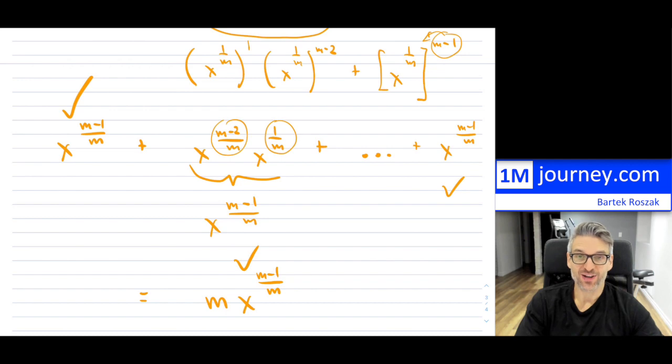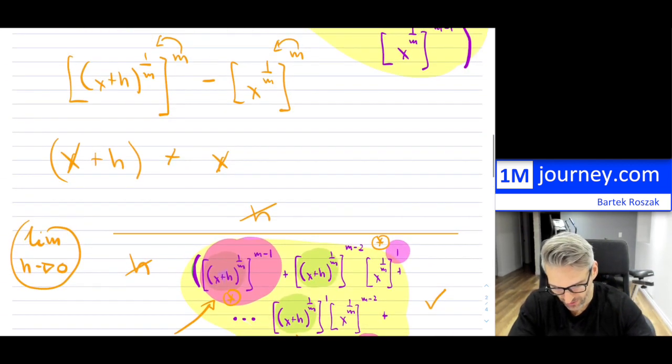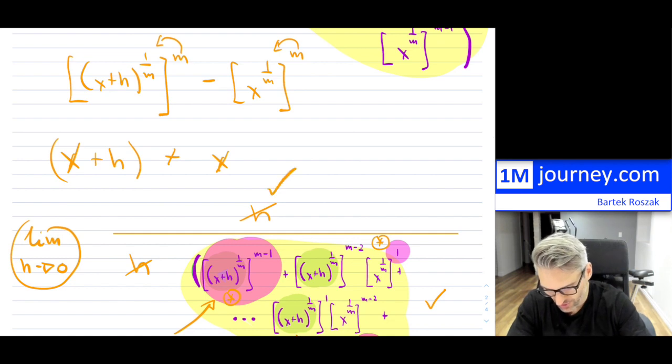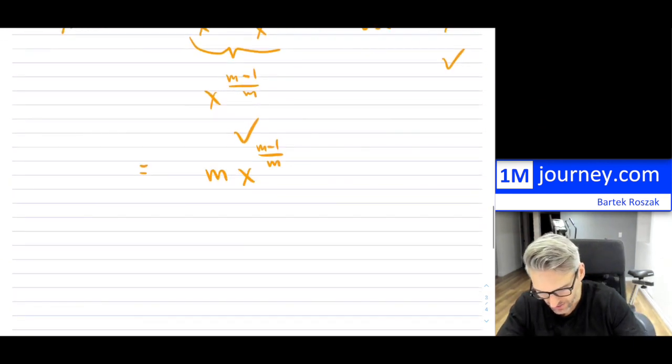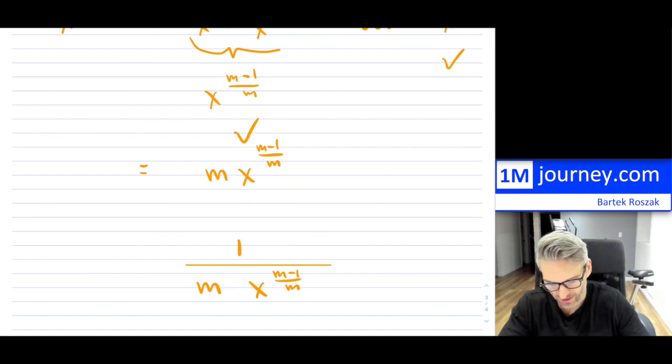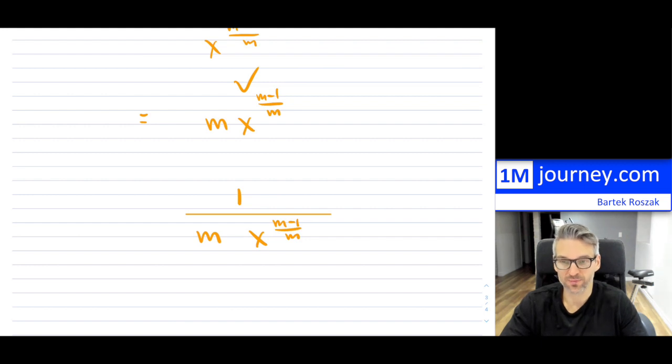That's my denominator. Now, if you go back to the original limit, we had h over h, so that's 1 all over all of this, which is what I just simplified. So this is going to be 1 all over m, and this is x to the m minus 1 all over m, which is exactly our derivative. This is what we wanted.